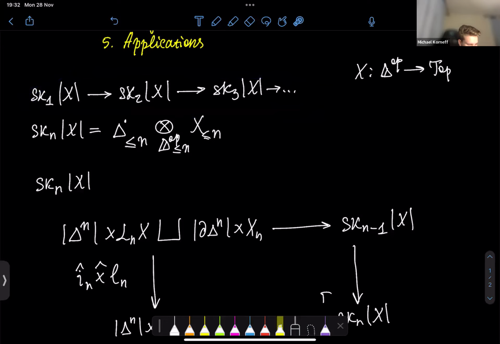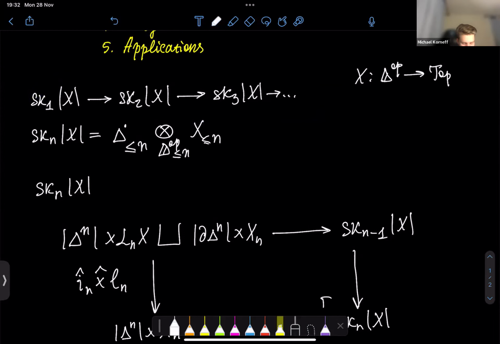So we will obtain that the colimit construction in this case preserves weak equivalences.